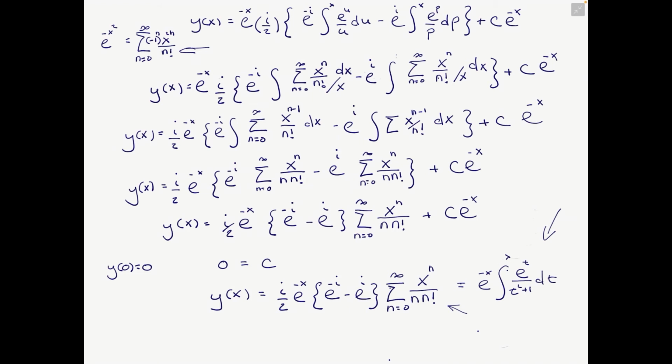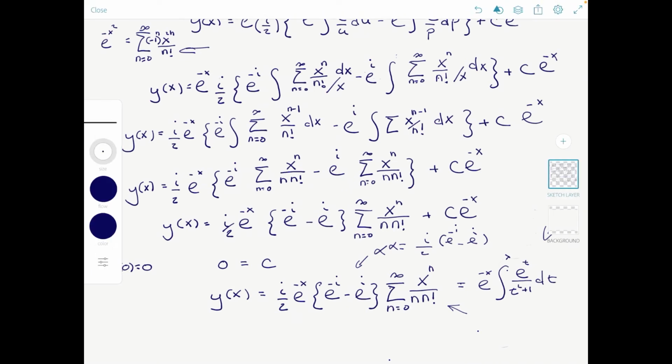We could call this term alpha or something like that, and then we go, e to the I over 2 times e to the -1 minus I minus e to the I. That is equal to alpha.